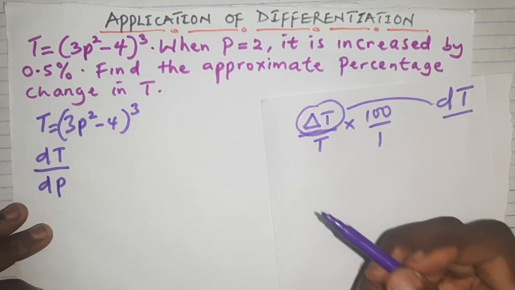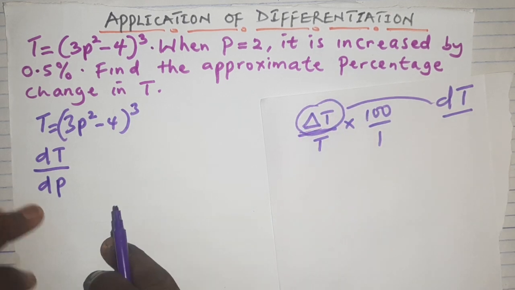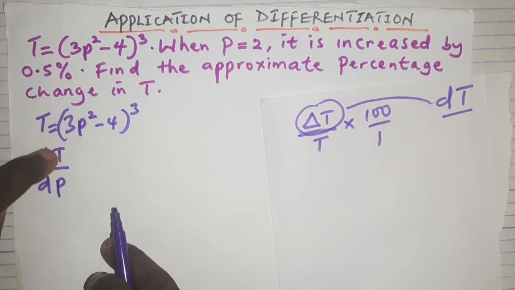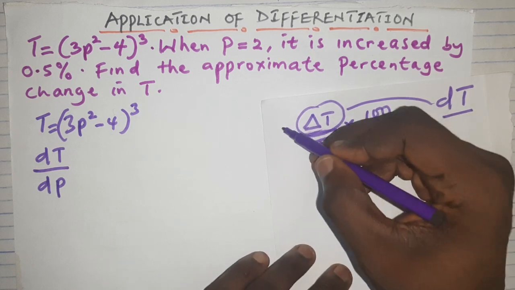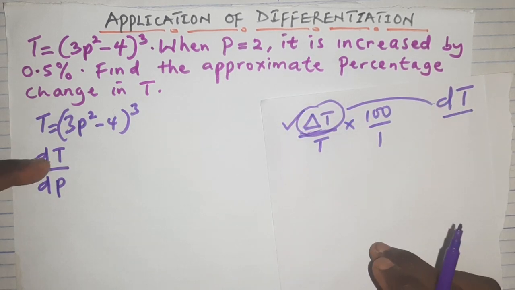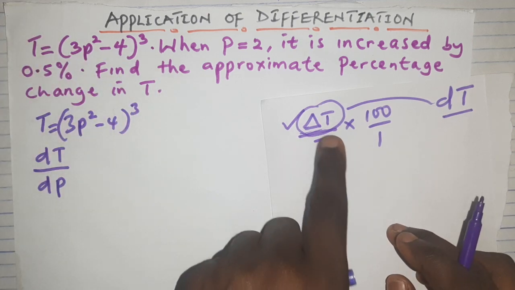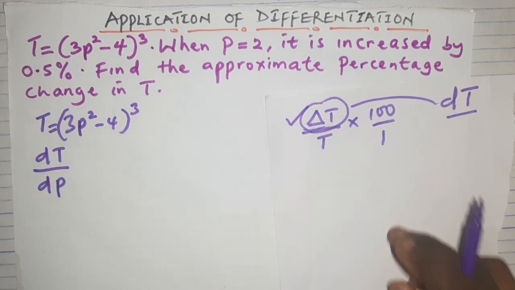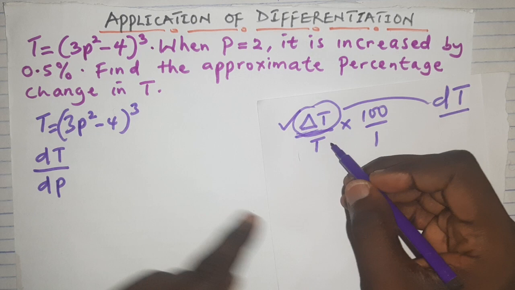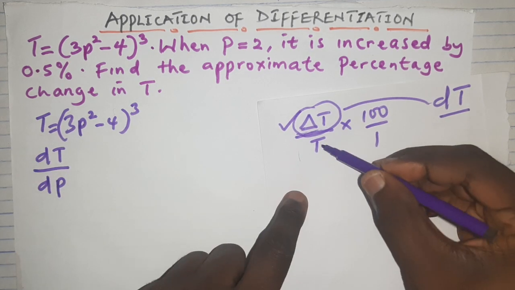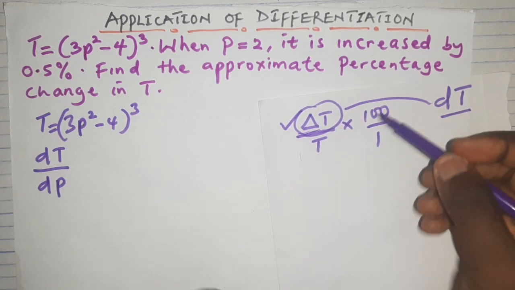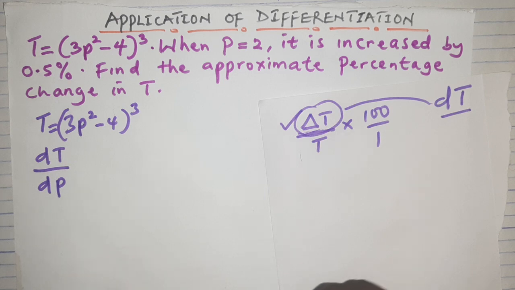So I'll try to make dt the subject of the formula, so that at least I know I've gotten this part. Then I can get my t because I know t equals this value, fix t, and then evaluate times 100 over 1 and get my final answer.